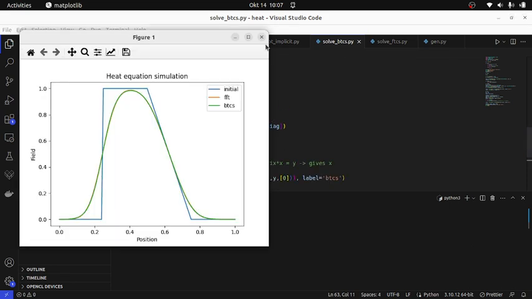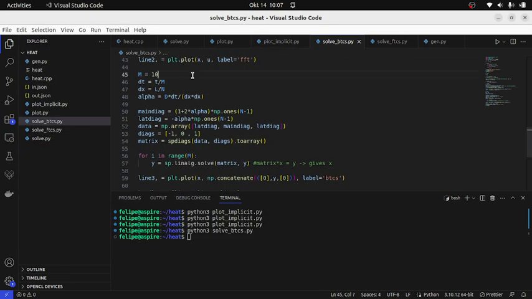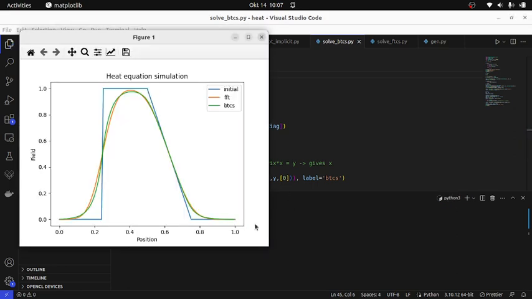And the most amazing thing is that it's stable for any time step. So suppose I just put 1 time step, for example. You see that it is not exact. It is a very reasonable approximation, but you can see some difference here. But it is stable. It does not diverge like the forward time-centered space method.